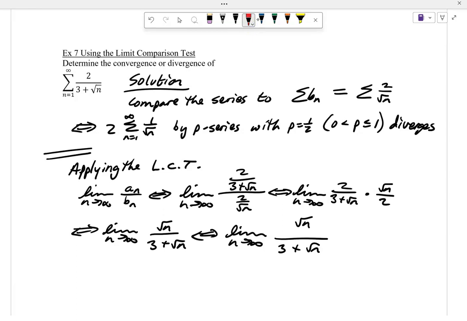we've got infinity over infinity here, so I'm going to go ahead and divide everybody by that square root of n. Do this thing algebraically.